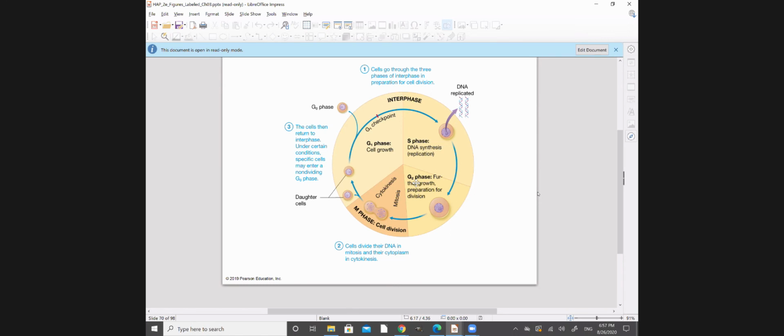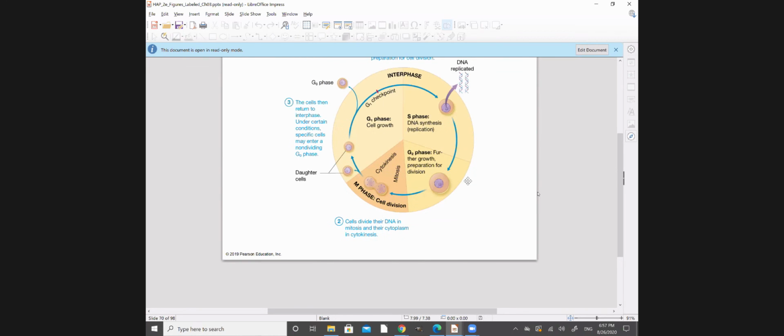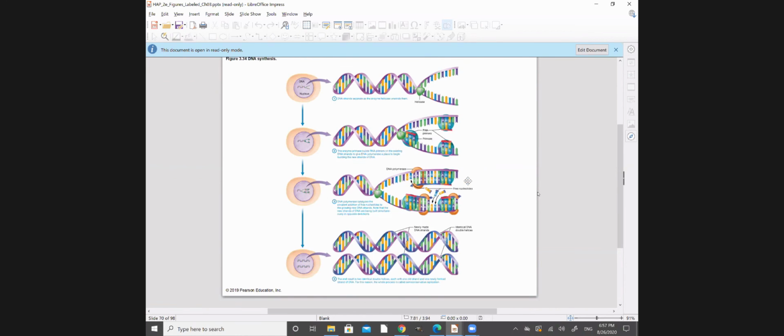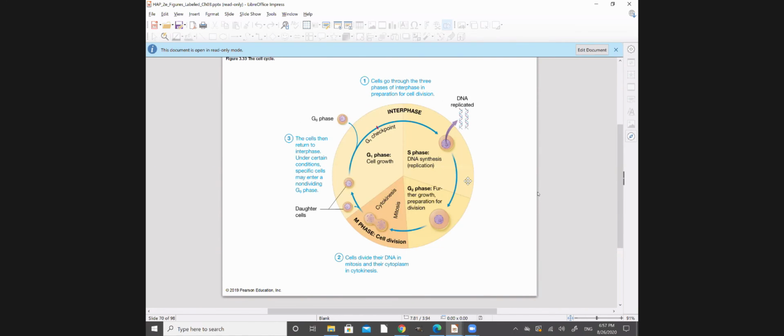When we're talking about the cell and mitosis, we have four parts to it. So we have G1, S phase, G2, and then we have the M phase, or actually the mitosis phase.